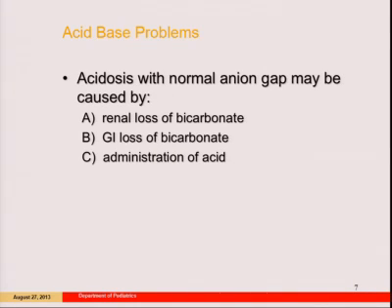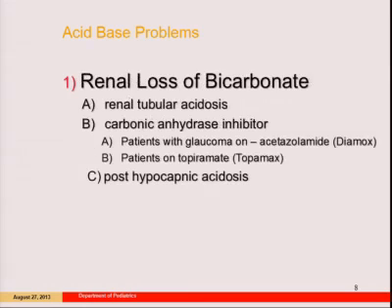Acidosis with a normal anion gap, I think in terms of threes: renal loss of bicarbonate, GI loss of bicarbonate, or occasionally administration of acid, which in this day and age is pretty uncommon. Renal loss of bicarbonate, three things again: renal tubular acidosis, type 1 or type 2, and we'll talk about that; carbonic anhydrase inhibitors, and you say, well, we don't use many of those.